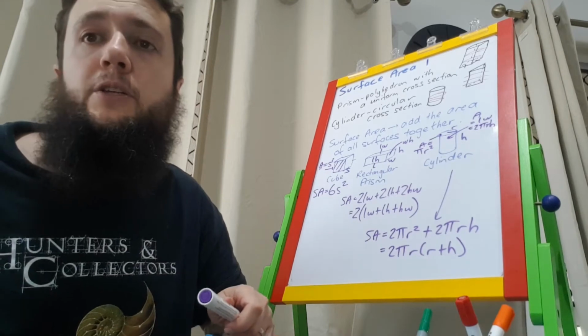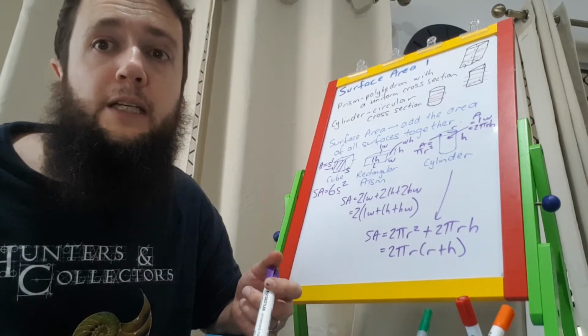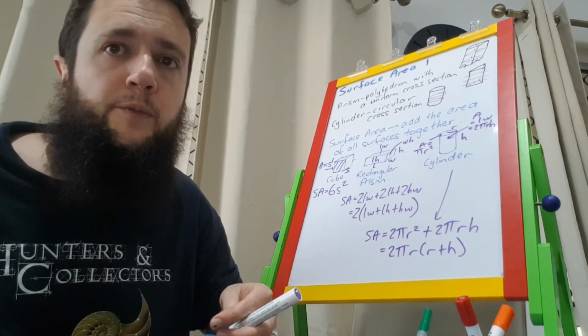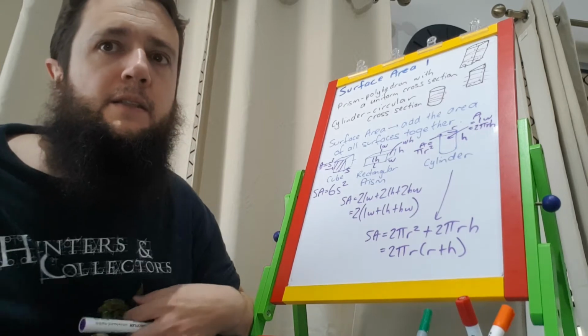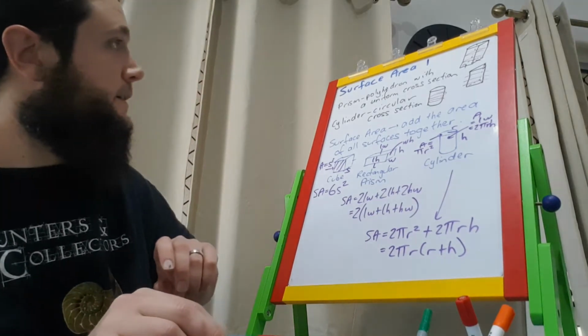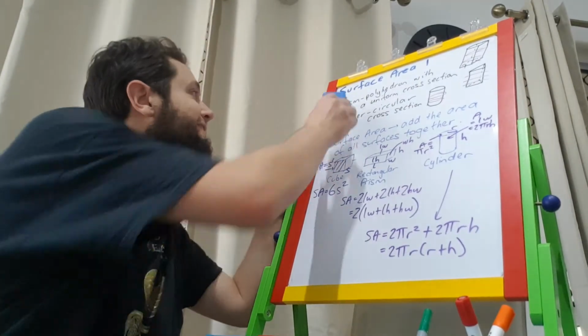So I'm going to do a couple of examples quickly, or try to do them quickly. So hopefully you are a little bit more comfortable with the whole surface area situation. Hopefully many of you are already okay with surface area. So I'm going to have to rub some stuff off.